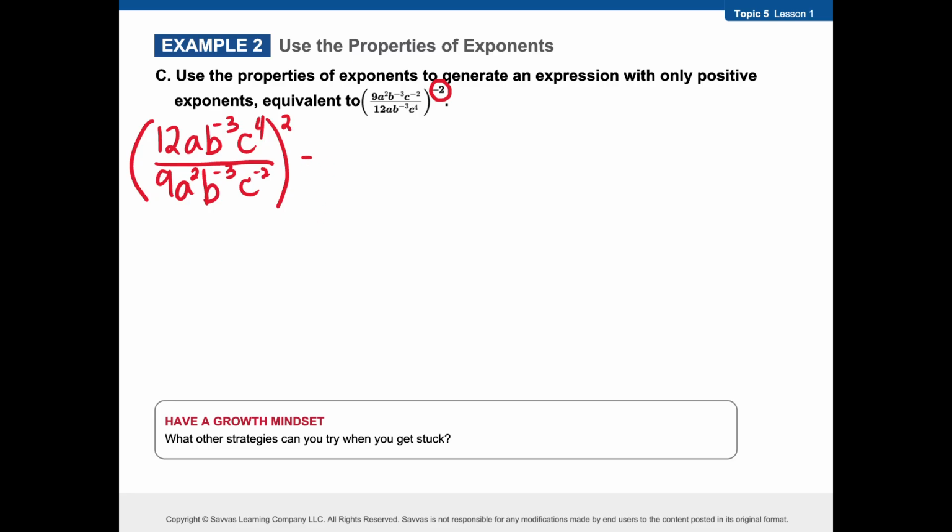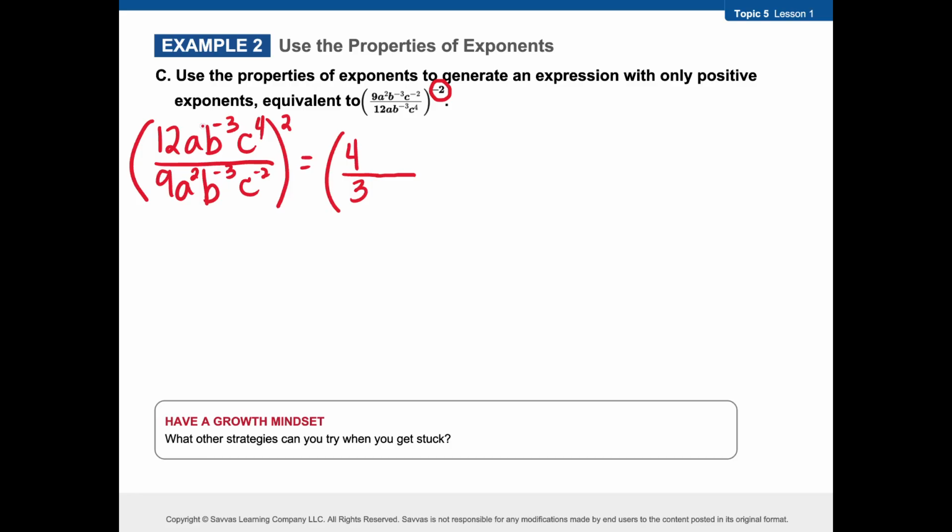So I like to work on the inside first, and then I'll do everything to the second power. So as a fraction, 12 over 9 can both be reduced by 3. 3 goes into 12 4 times. 3 goes into 9 3 times. Then one of your properties is your quotient property, which states that when you are doing division and you have the same base, you subtract your exponents.